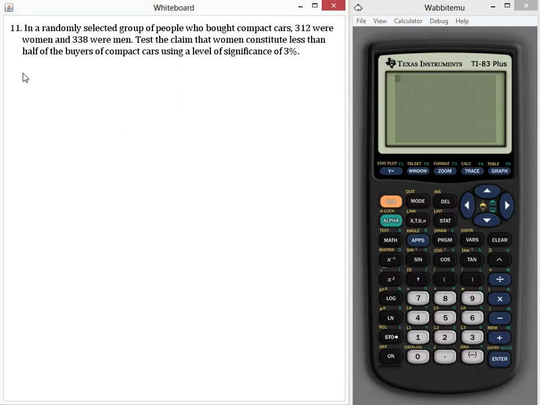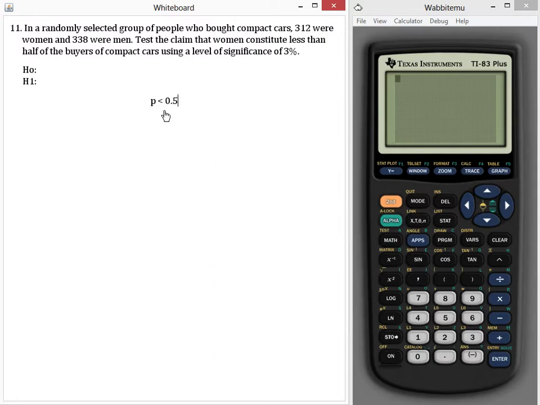Okay, so as always, we have to start off here developing our hypotheses. So let's figure out what the null and alternative hypothesis would be. Now, the claim is that women constitute less than half of the buyers of compact cars. So the claim is that the proportion of women buying compact cars is less than 50%, so less than 0.5.